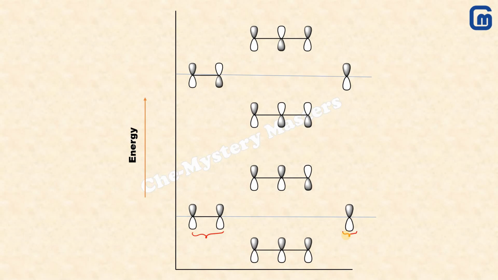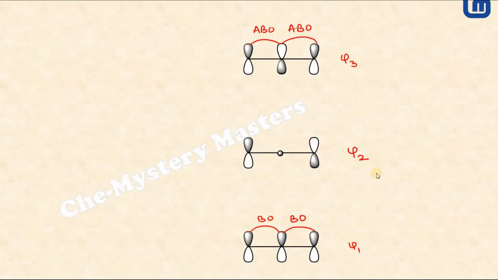That means there should be only 3 molecular orbitals. That's why these 2 can be considered to be as 1. Actually, the energy of this second molecular orbital and the energy of this third molecular orbital is same. That's why these 3 molecular orbitals are formed.